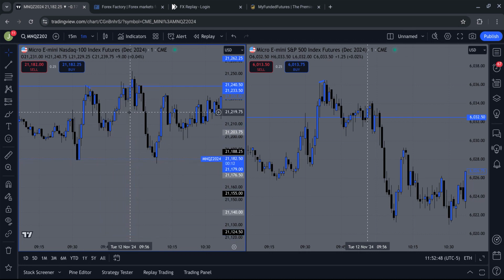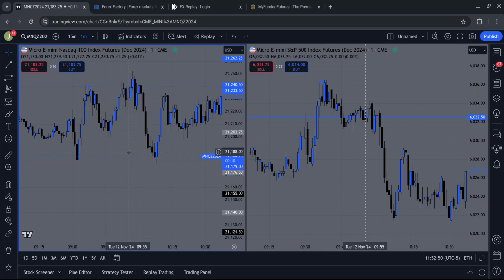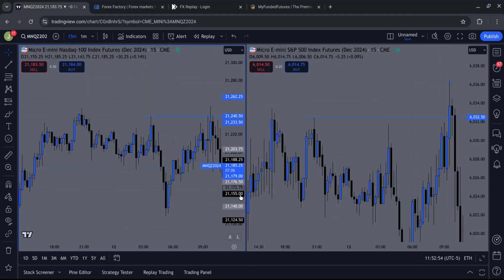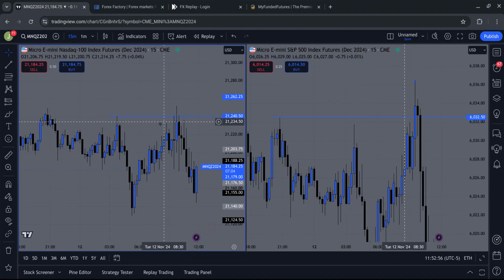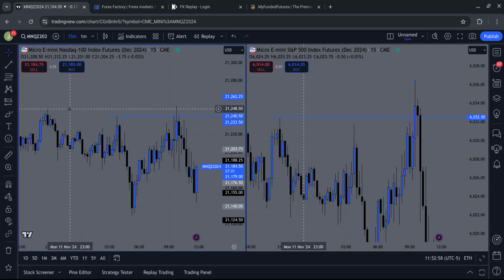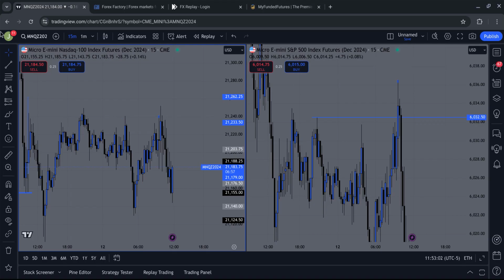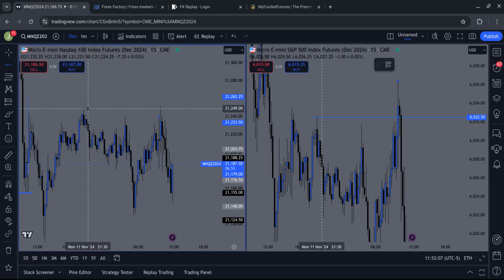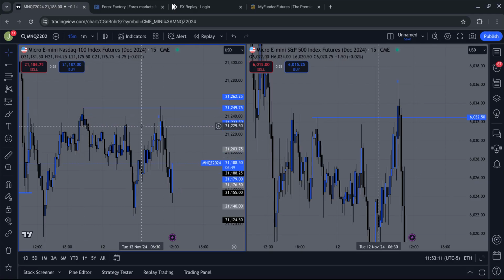And then what happened after that? Let's go back to the 15-minute. NQ ended up taking out that Asia session high, same thing as ES. So there's no more bearish SMT.